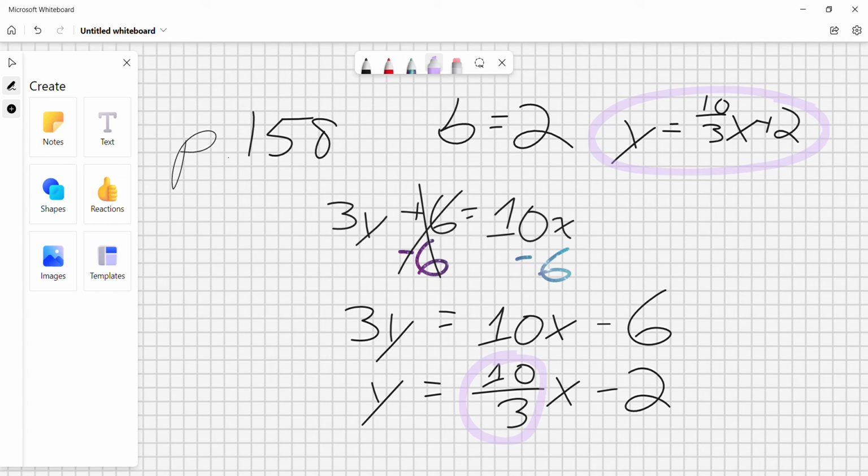We should also be able to figure it out if they give us any 2 points on that line. Or if they give us slope and 1 point, we should still be able to use that information to find the missing information that we need. So I'm going to erase this.